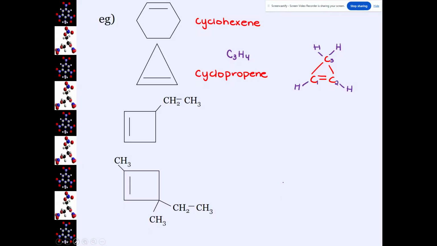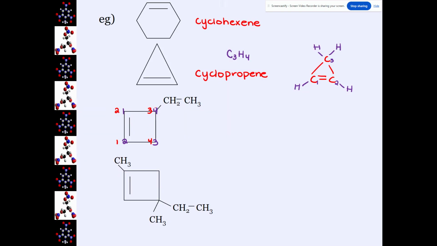Okay, now when you have branches, like I said, I have to cross the double bond first. So I either go 1, 2, 3, 4, and then my branch is on 4, or I can go 1, 2, 3, 4. That's the only two ways I can do it. I have to go 1, 2 across the double bond.